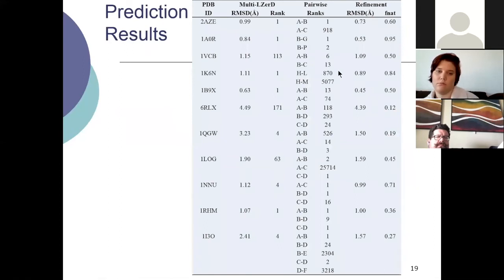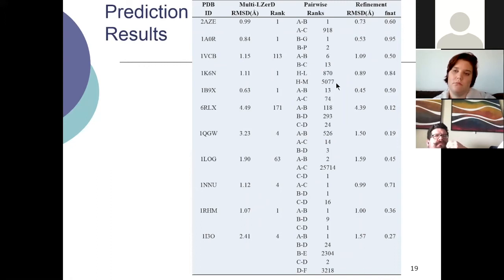I don't remember individual cases, but if the rank is very low, like this case, 5077, it's really low. Probably this pairwise model does not have a very large interface, and that's why the score was very low.